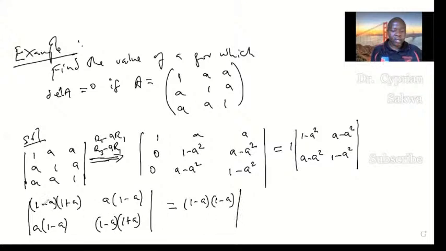So let me factor out 1 minus r in this column. What will I have? 1 plus r here and r here. So 1 minus r will go here, 1 plus r, and here, r. What about 1 minus r here? It will go here, r, and here, 1 plus r. So this is what I now get. Let me create some space here so that I can proceed from here.